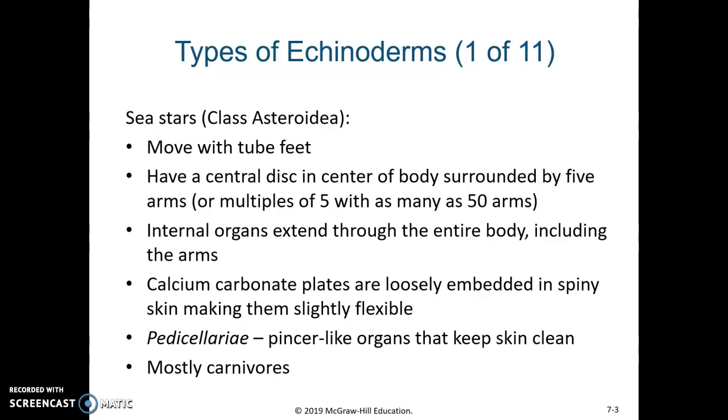And so notice the tube feet, which are on the oral surface, they have a central disc. So if you look at the aboral surface, then you'll see that there's a central disc with 5 sides to it, and there are 5 arms or rays on this central disc.